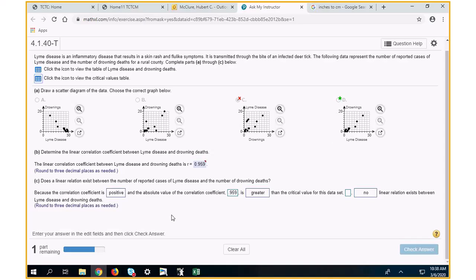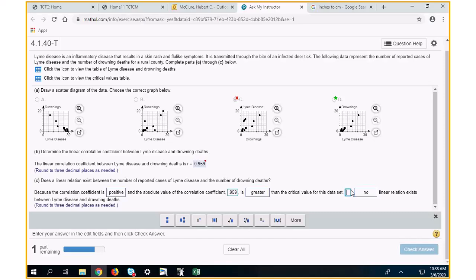And they're going to say, is there a lurking variable? Yes. And I don't see the lurking variable question. Why not? You have to continue. Oh, gosh. Well, I can't continue. It won't let me. Did you have all the answers filled in? Okay. Because the correlation is positive and the absolute value 0.9 is greater than, oh, that's not filled in.